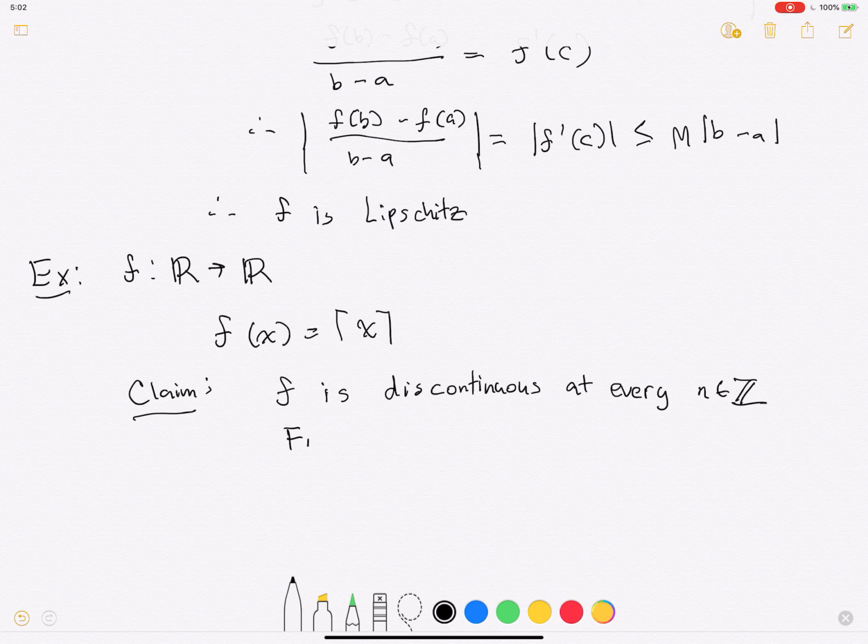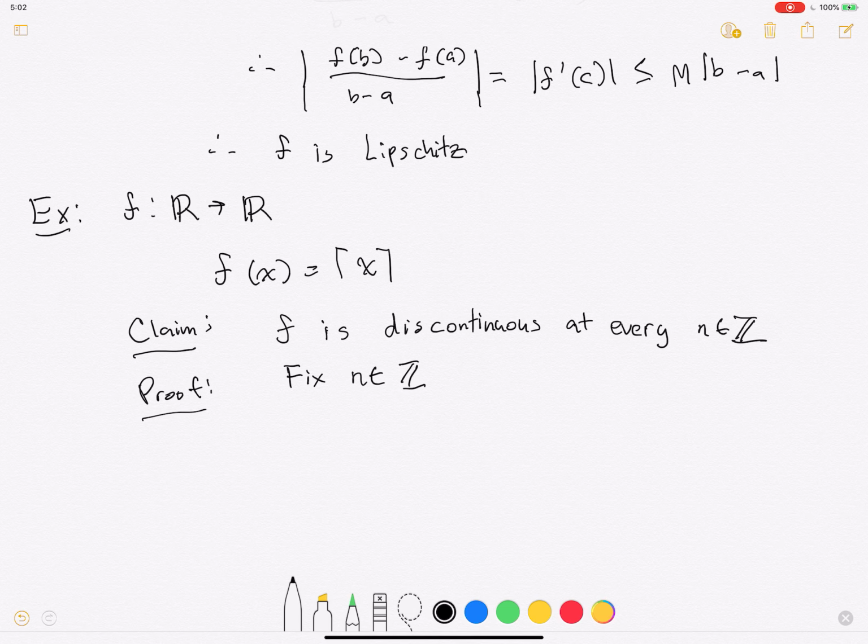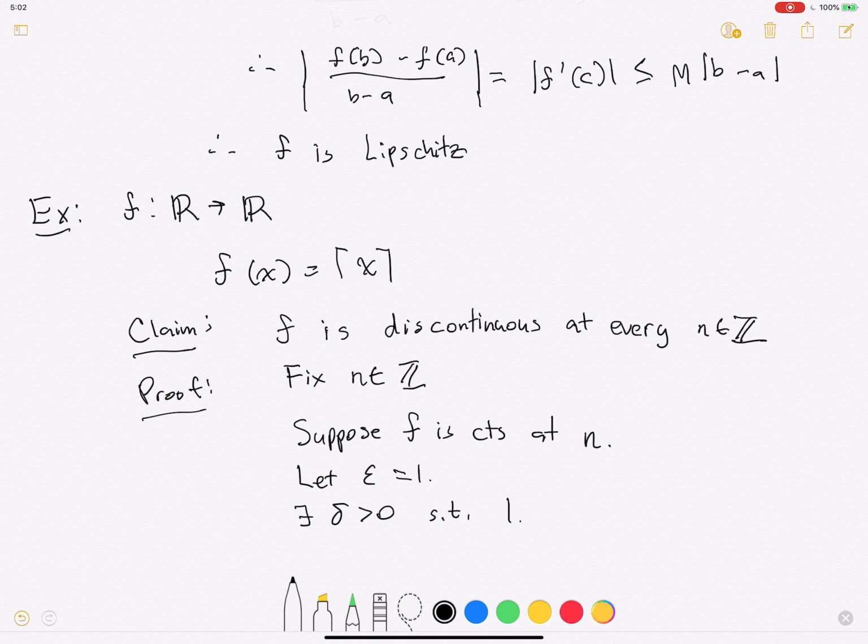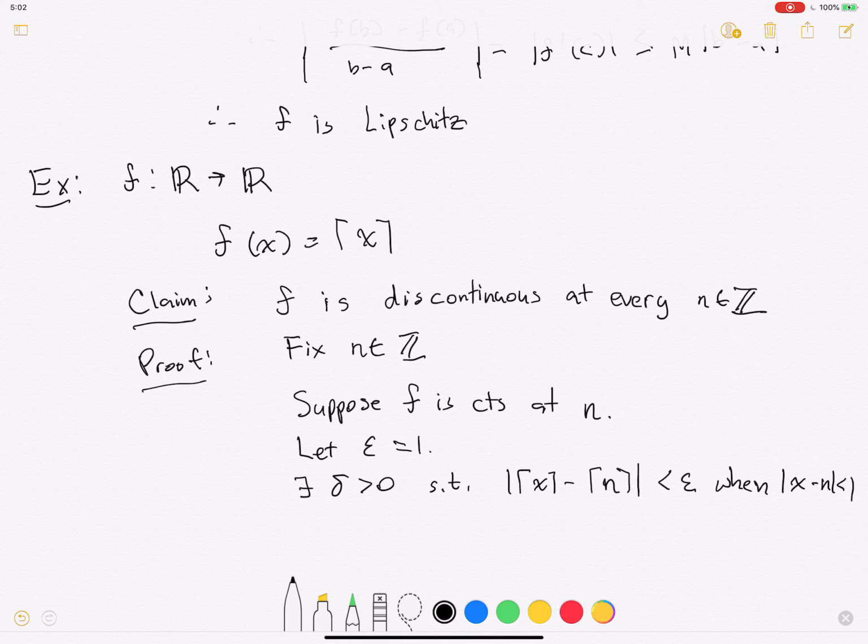So to prove that, we fix an n in the integers and suppose that f is continuous at n. So let epsilon equal 1. There exists a delta greater than 0 such that the absolute value of the difference between ceilings is less than epsilon when the distance is less than that delta.